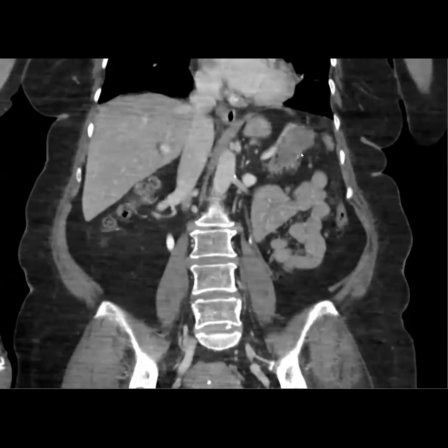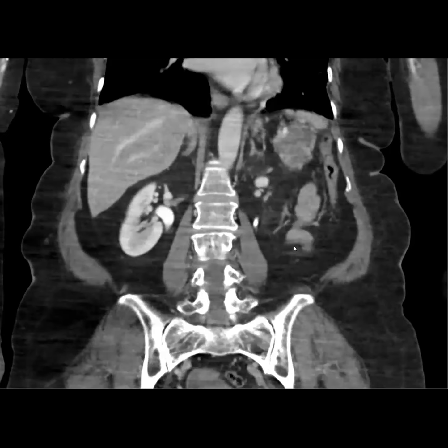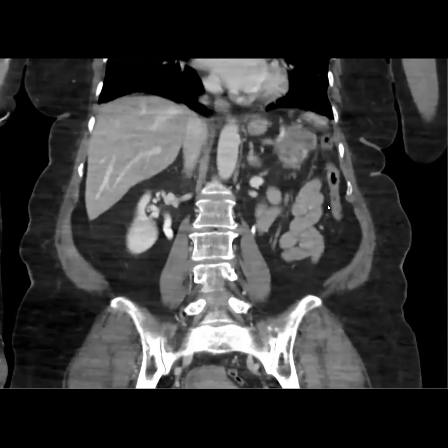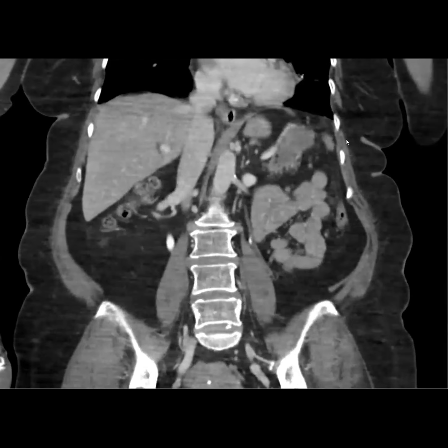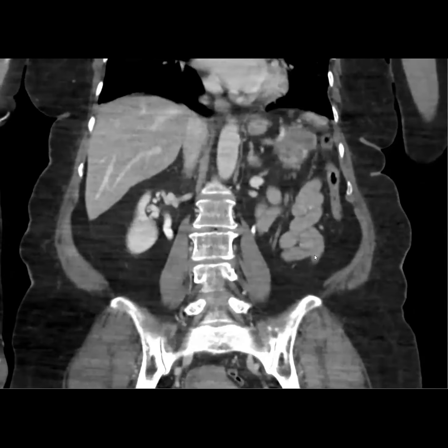You can also have focal pancreatitis, or maybe IgG4 can be a collection.